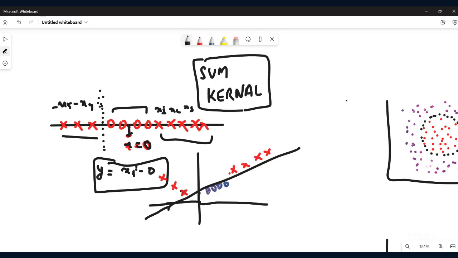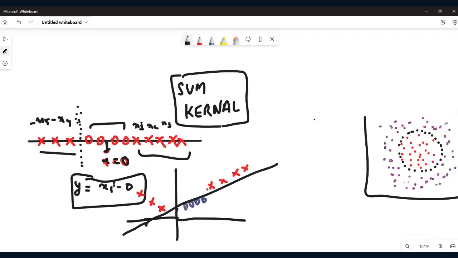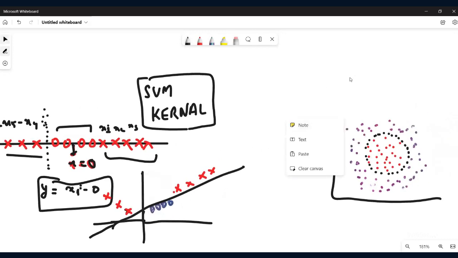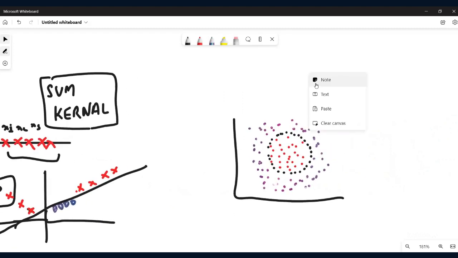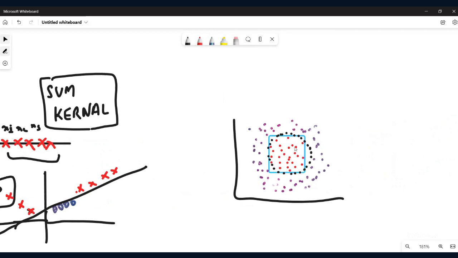Let us take one more case of how SVM kernel works. Now let's say I have 2-dimension data. One is the red ones and the other the blue ones. As you can see, inside this black circle all are red ones, and outside this black circle everything is blue, but still there is no plane that can segregate this data, right?